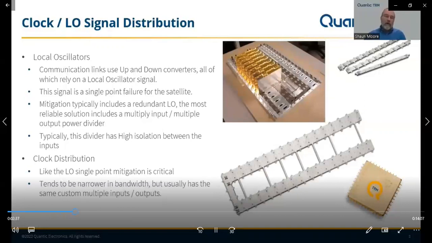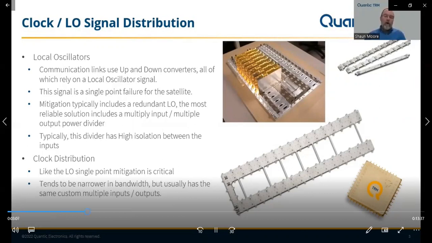In this case, there are 2 functions that are critical for having this relay function properly. One is the clock signal, which means that the entire satellite needs to be synchronized with itself and with the ground station in order for this communication to be effective. So basically, each device in each up and down converter on the satellite needs to be synchronized.